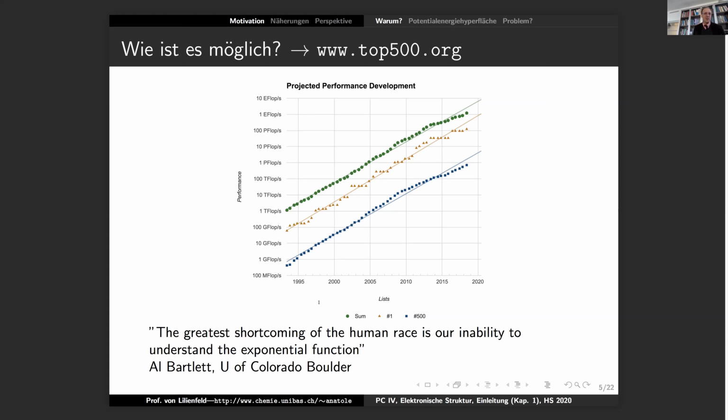Now, it's quite impressive, though, that the compute power has grown like this. And if you assume that the money budget for computer time has remained more or less constant, which is maybe a bad assumption, that prosperity has been constant over 20 years or so, but if you assume that, it means that for the same amount of Swiss francs, you can get exponentially more CPU time over time.